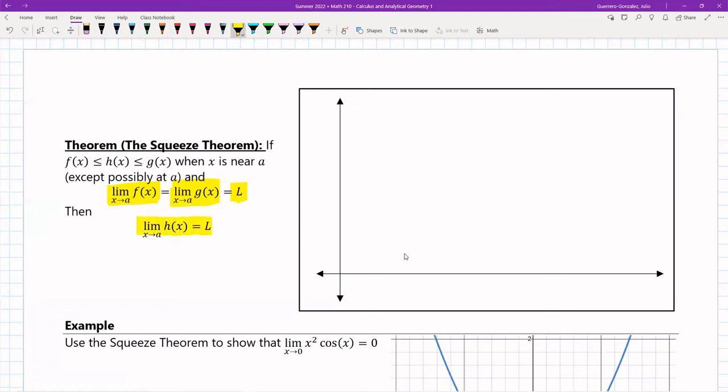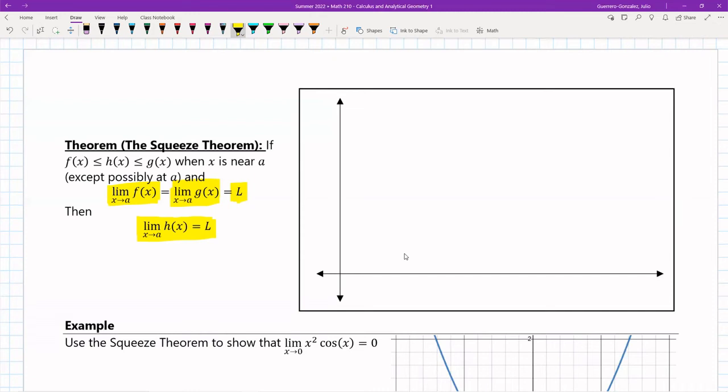Then we can conclude that the limit as x approaches a of h of x, that middle function, is also equal to L. So essentially we squeezed the value for h of x by using f of x below and g of x above.